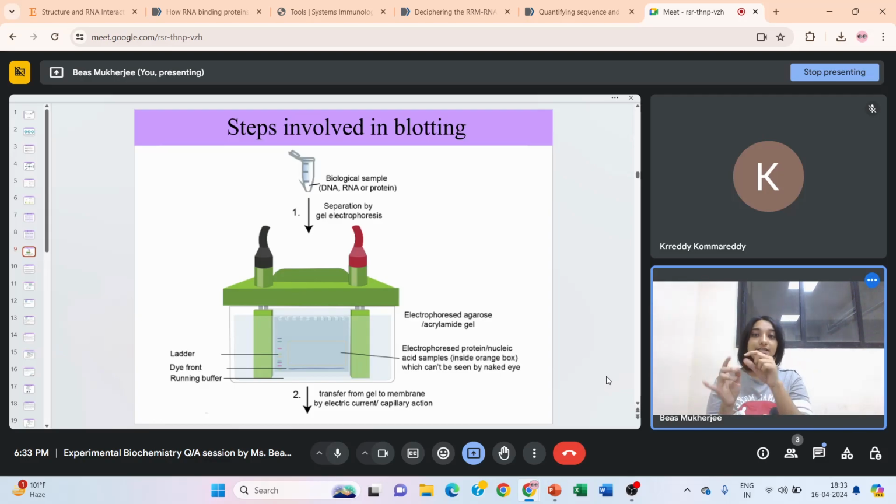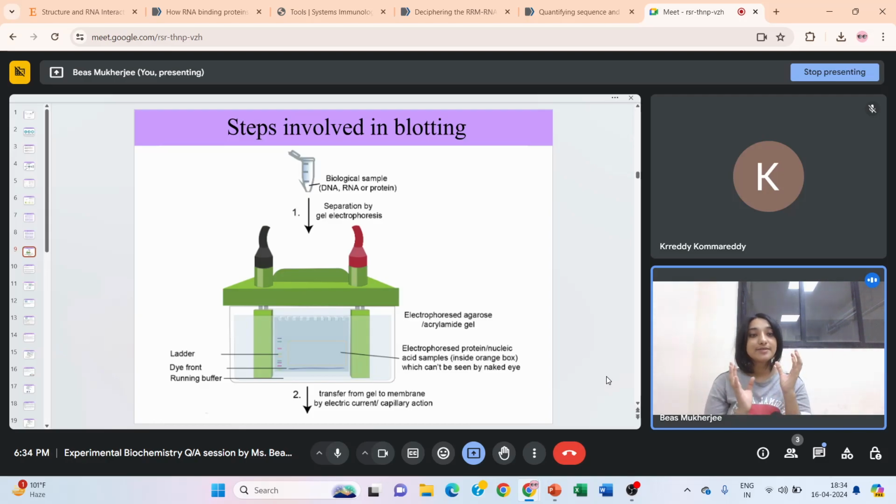Here they have separated it using gel electrophoresis. Here they are showing SDS-PAGE, so this makes us assume that this is definitely Western blot that we are talking about. Western blot is also called immunoblotting. Why? Because antibodies are used in the detection and antigen epitopes are detected in this case.